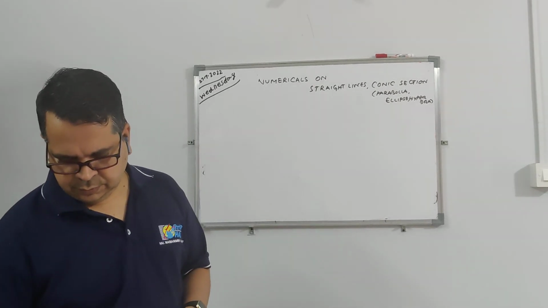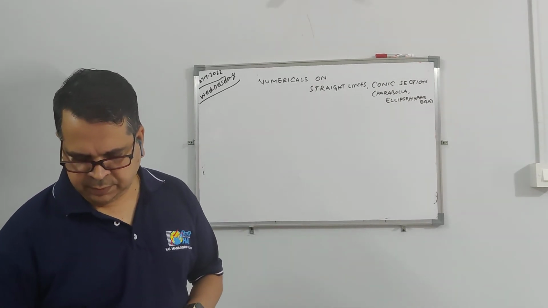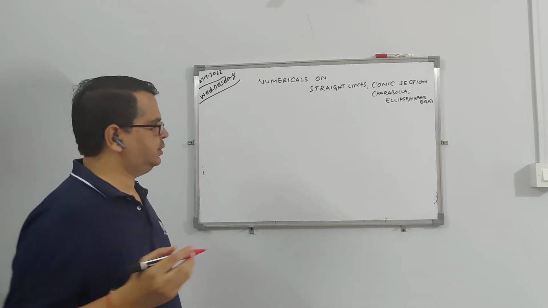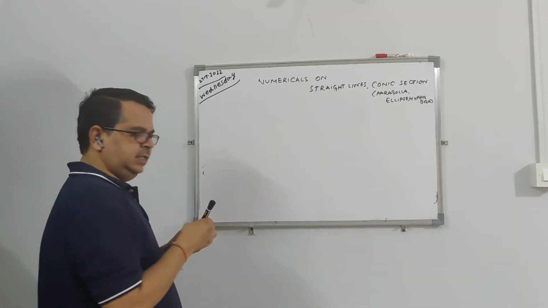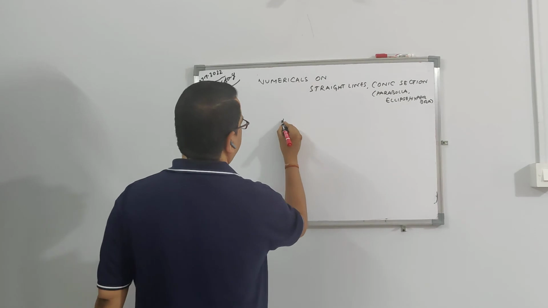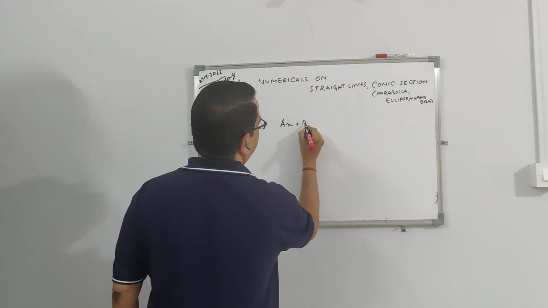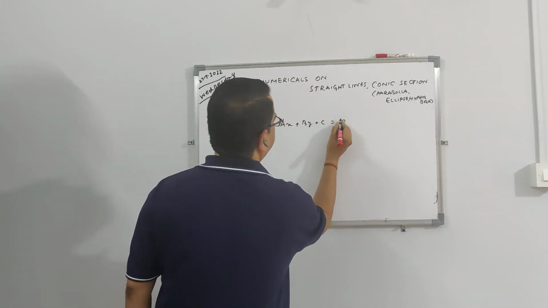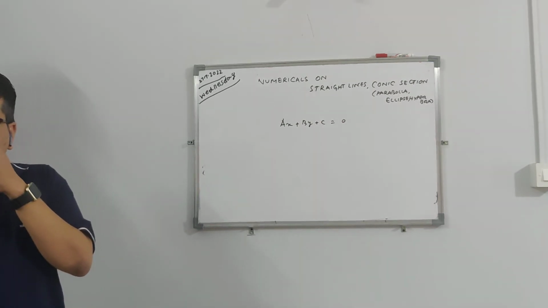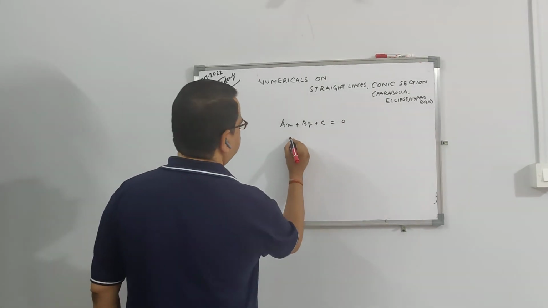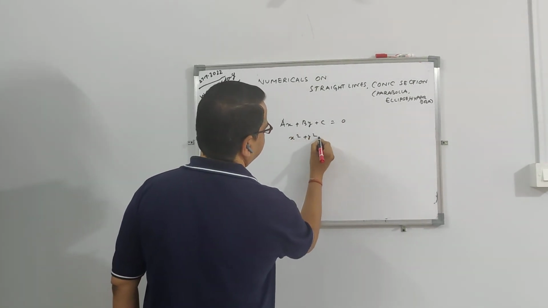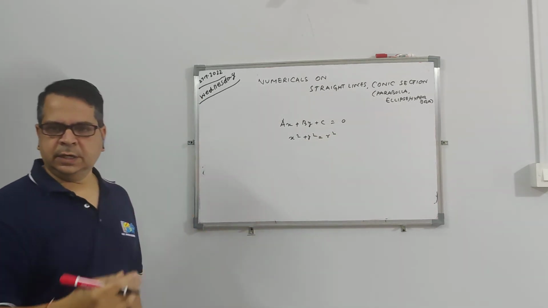So the general form of the equation of a line is ax plus by plus c is equal to 0. There is no square term, that's why it is linear. But in a circle it is x square plus y square is equal to r square, so there is a second order term.